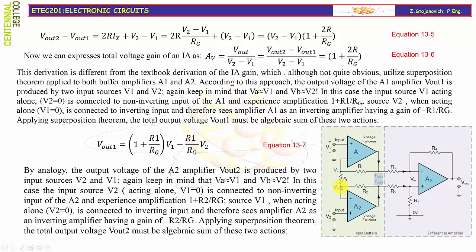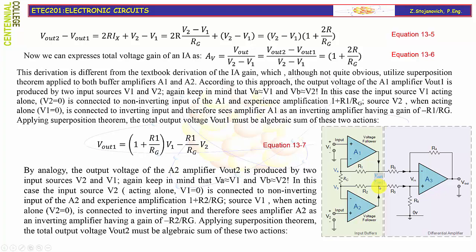Applying the superposition theorem, the total output voltage Vout must be the algebraic sum of those two actions. So Vout1 is given with equation 13-7.